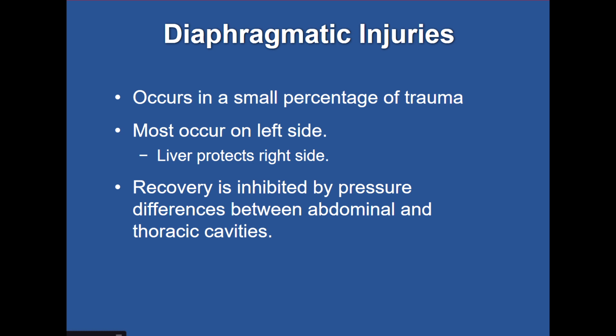Thankfully, it's not often damaged with our trauma patients. Usually it's a result of direct penetrating injury, or if blunt force causes an actual rupture in the diaphragm, in that muscle. That's where we tend to see the issues.